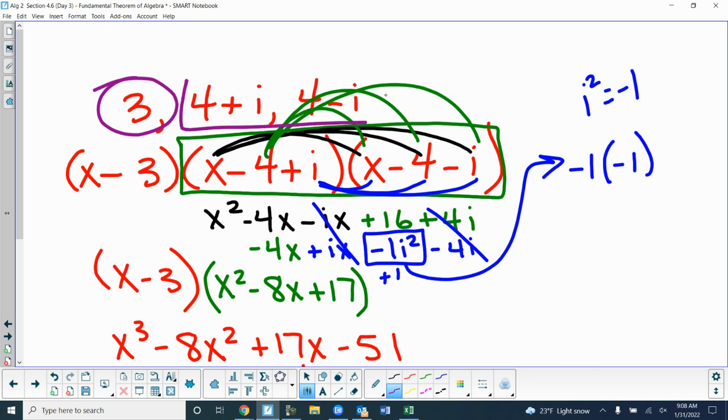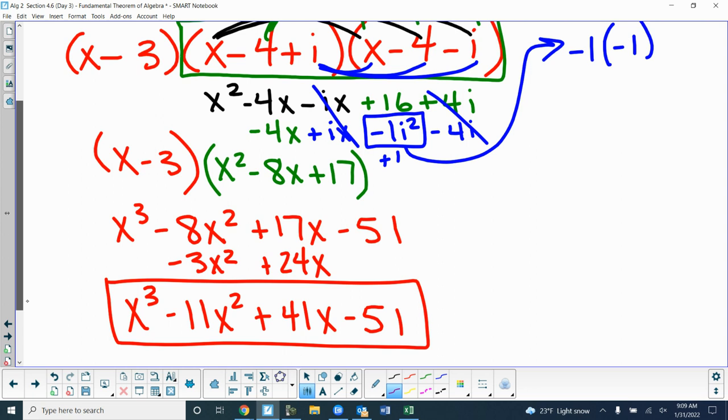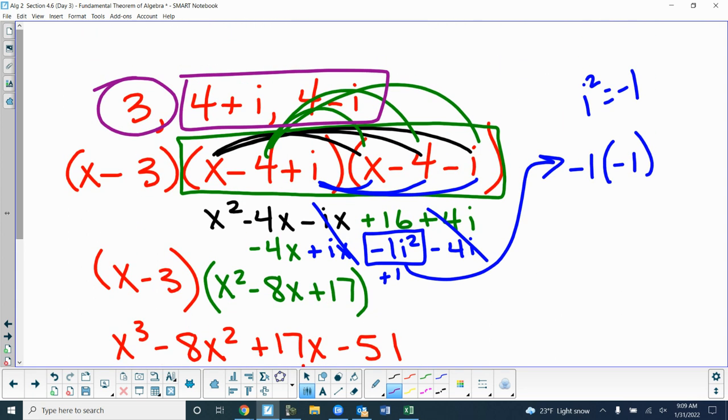Why? Imaginary. They're imaginary. Okay? So if you were given the polynomial first, all you'd see is your graph go through the 3. You'd have to do synthetic division with the 3, and then use the quadratic formula to get the 4 plus i and the 4 minus i.